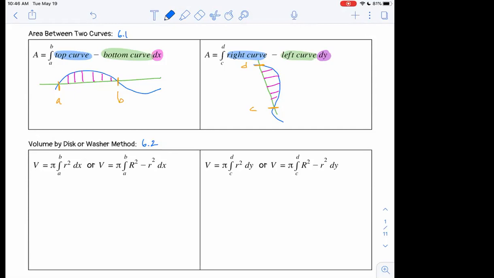The reason we have two different versions is this one has no hole in the middle, whereas this one has a hole in the middle. And same thing when we thought about it with dy: the first case was when we had no hole in the middle, a solid shape. And in this case, we had a situation that looked more like a traditional donut.